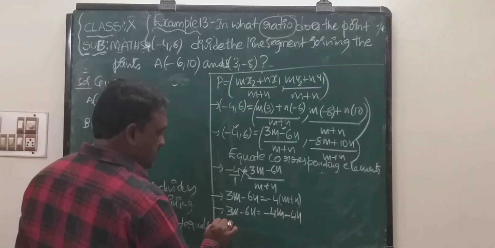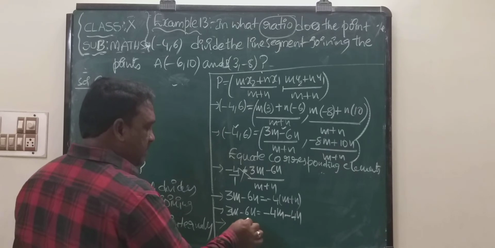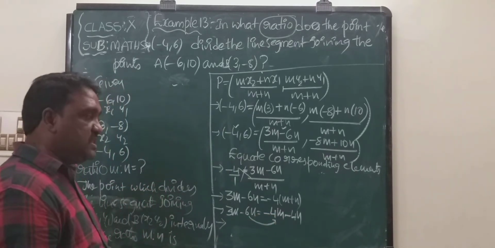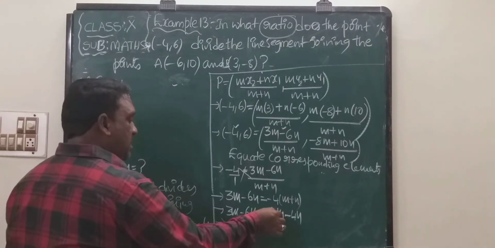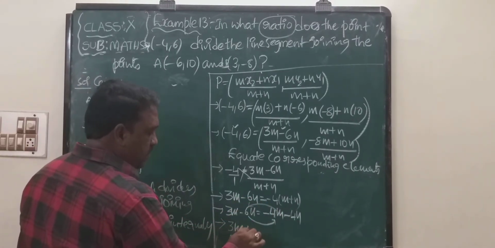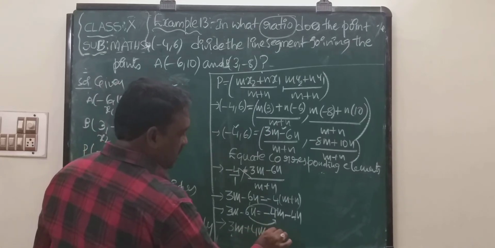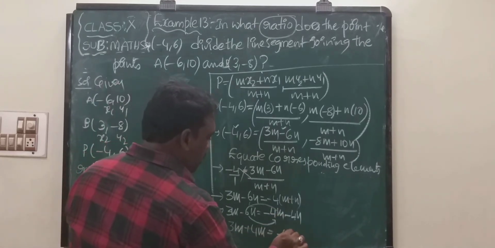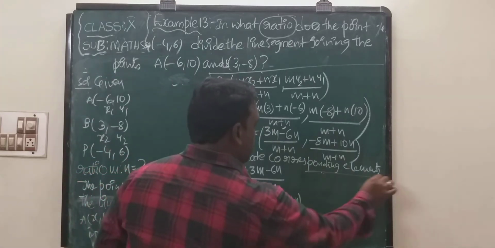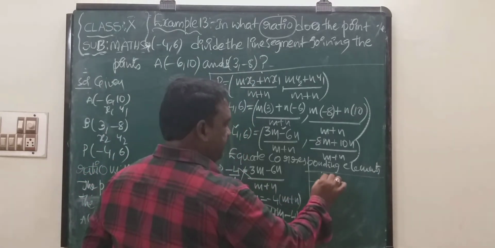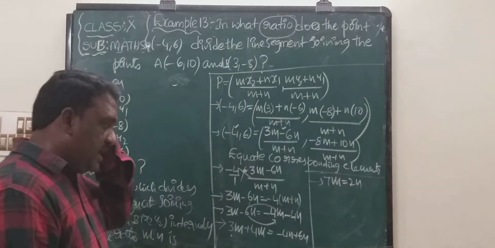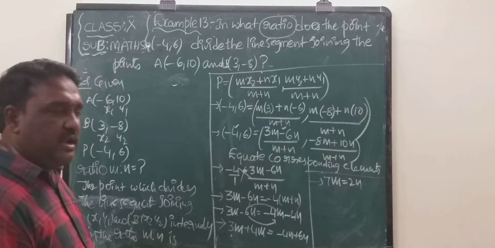Then the terms are moving. Minus 6n is moving to the right side, minus 4m is moving to the left side. So 3m plus 4m equal to minus 4n plus 6n. So what do we get? 7m equal to 2n.